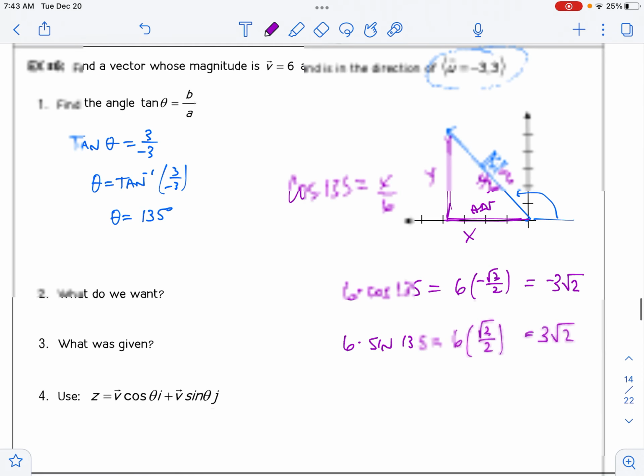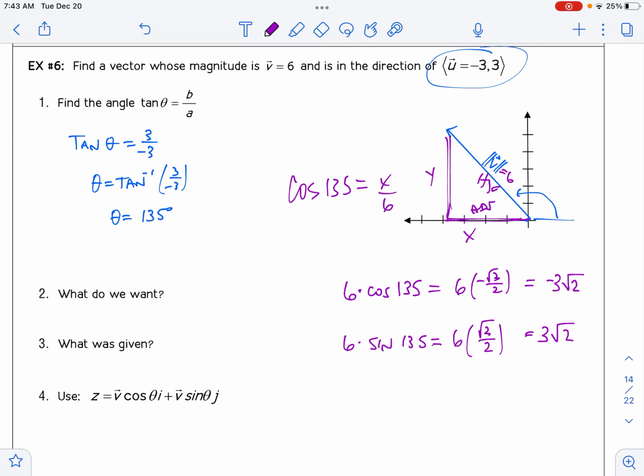Now, if I wanted that as a linear combination, I would go negative 3 root 2 i plus 3 root 2 j. If I wanted it just in vector notation or component form, then I would do negative 3 root 2 and 3 root 2.